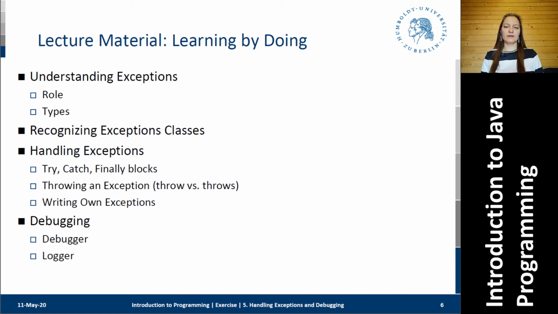And the last part of our exercise is about debugging and logging. Up till now, you were using System.out.println statements to track what happens at different points of time in your program. This was the way to see what is happening inside.